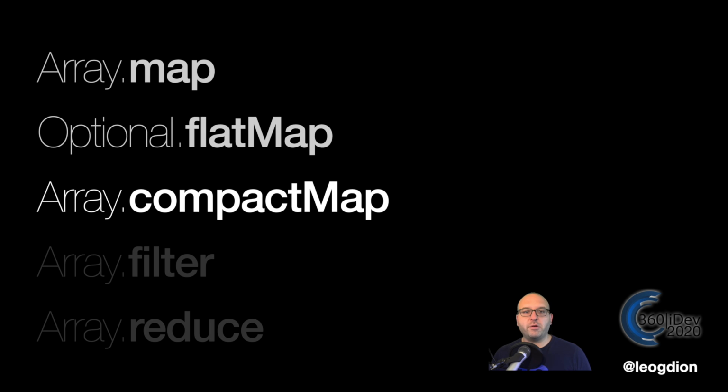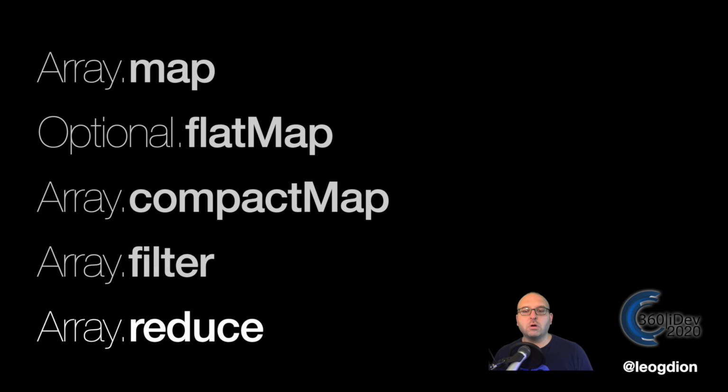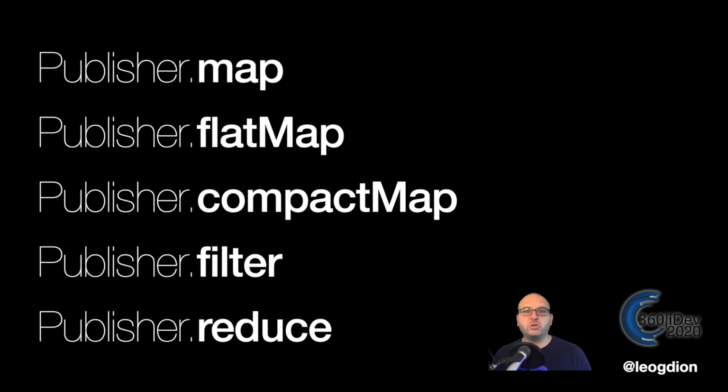Removed nils during conversion using compactMap. Filtered out a series of values using filter. Or reduced an array into a single value using reduce. Well, luckily for us, Combine comes with its own counterparts with publishers. Publisher map, publisher flatMap, publisher compactMap, publisher filter, and publisher reduce, amongst others.